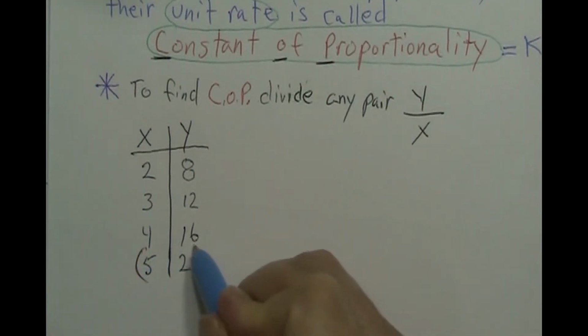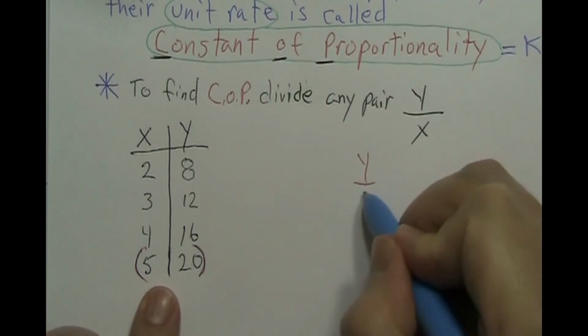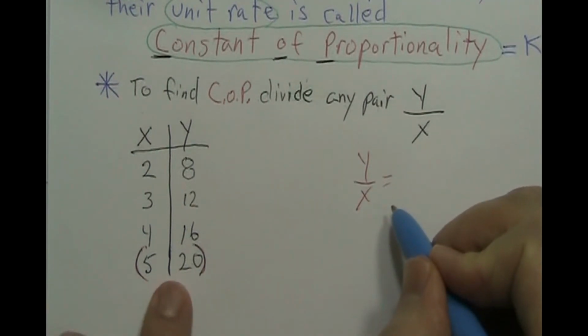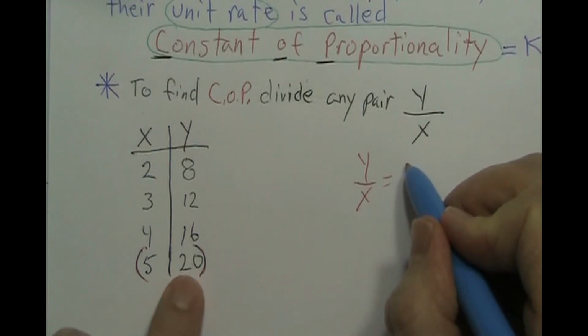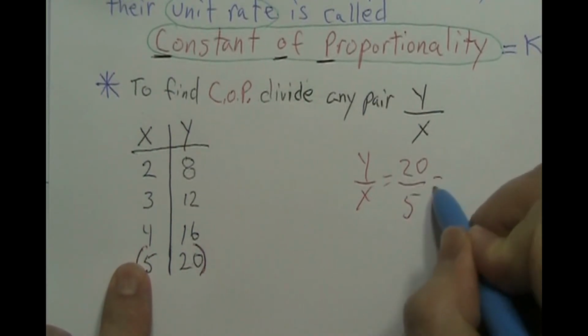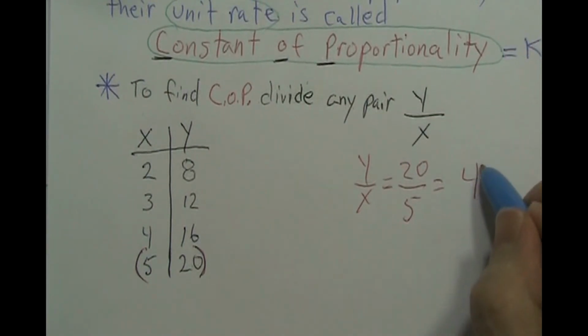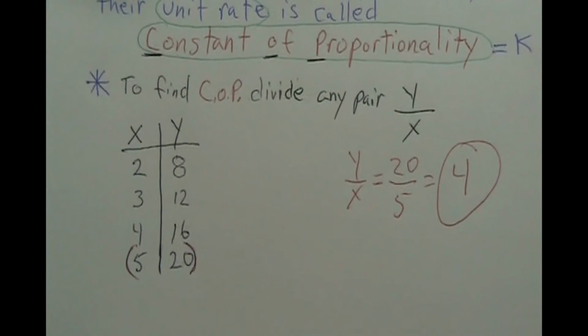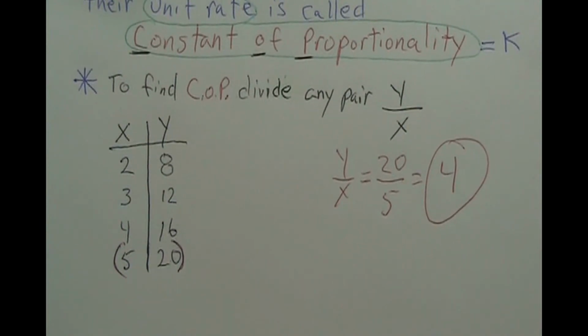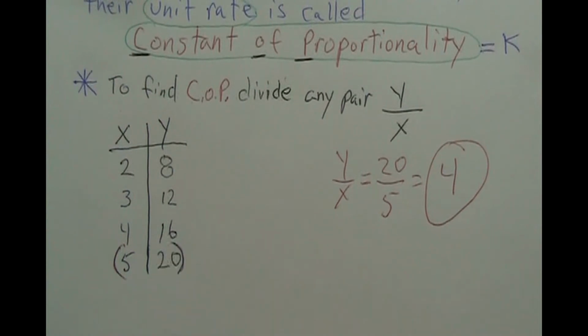So y over x with this pair makes it 20 over 5. 20 divided by 5 is just 4. 4 would be our constant of proportionality, also known as unit rate.